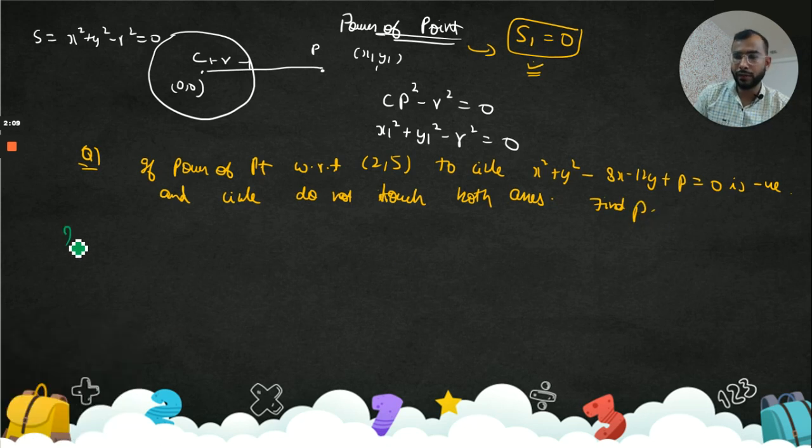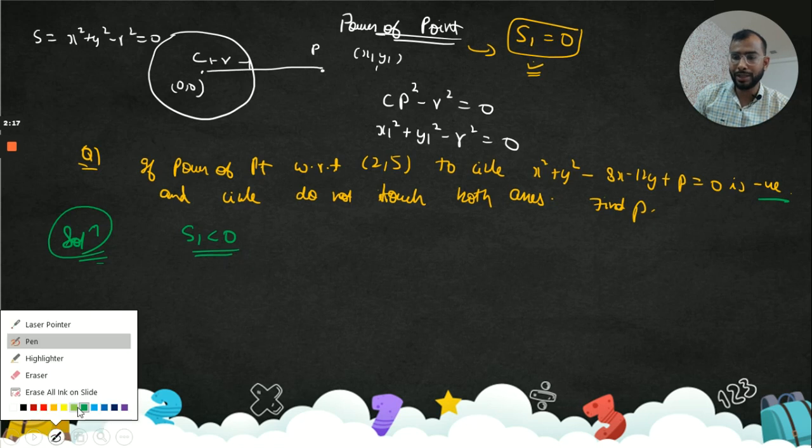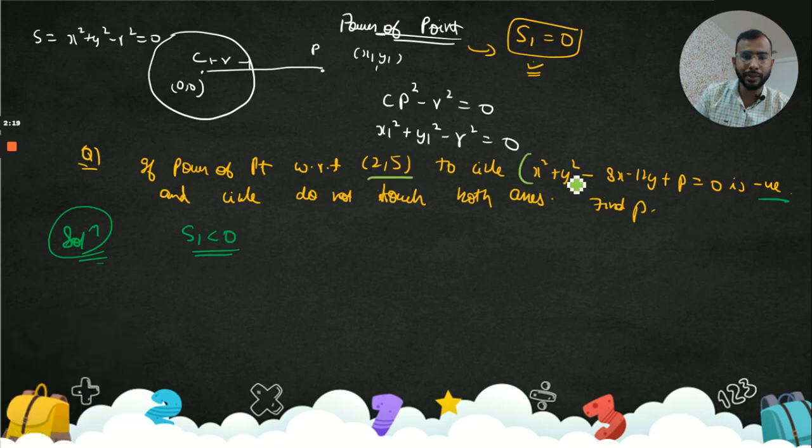First, the power of point is negative, which means S1 is less than 0. How to find S1? Substitute this point here. 2 square is 4, 5 square is 25, 8 into 2 is 16, 12 into 5 is 60, plus p is less than 0.